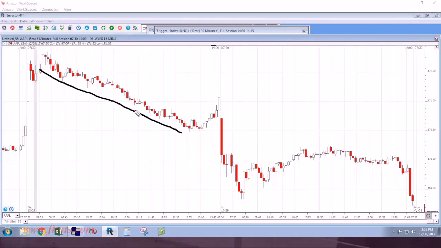While the context is going lower, notice that there is a moment here where we go higher for a second before resuming lower. There's another moment here that we move higher and then resume lower, and another here. These are pullbacks that don't change the trend and provide you an opportunity to enter if you can identify the trend. One of the things to watch is the most recent pullback.